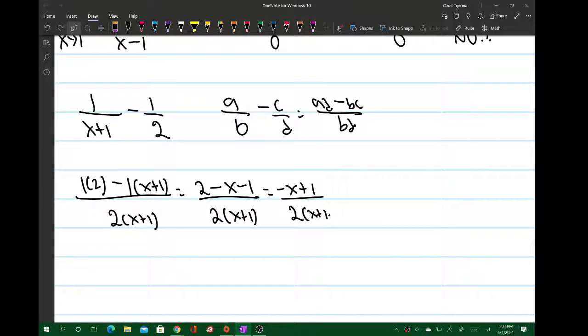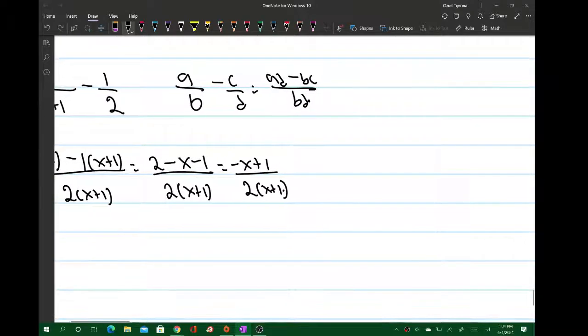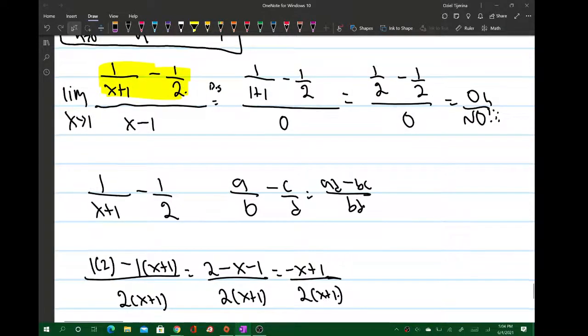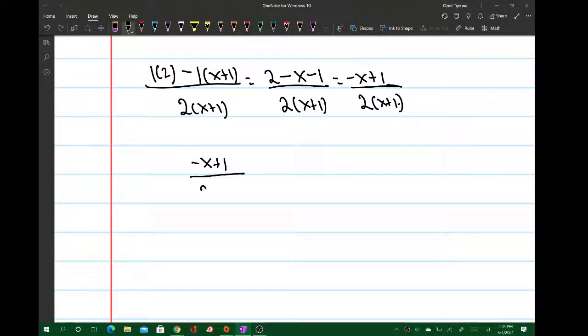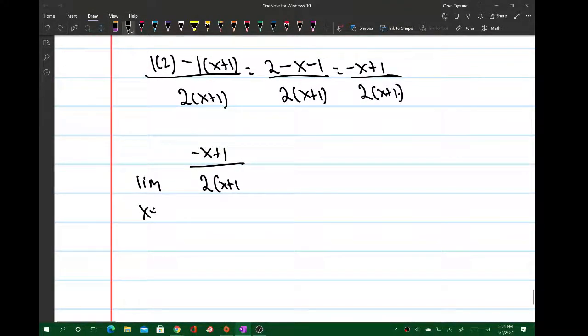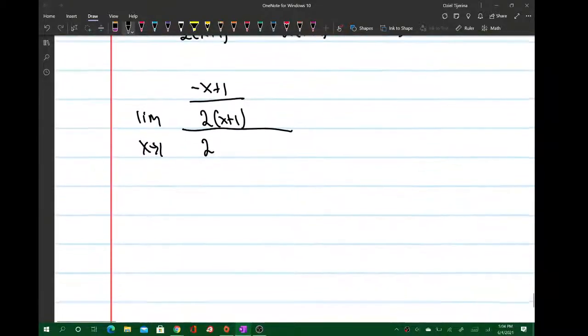So it's negative x plus 1 over 2 times x plus 1, and the limit as x approaches 1, and then this would be all divided by x minus 1.